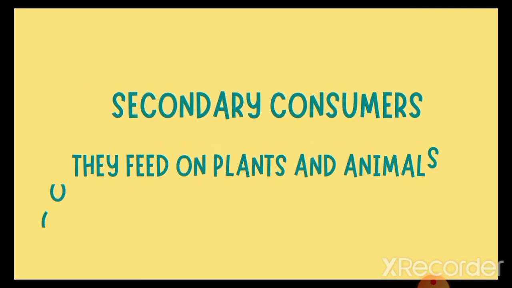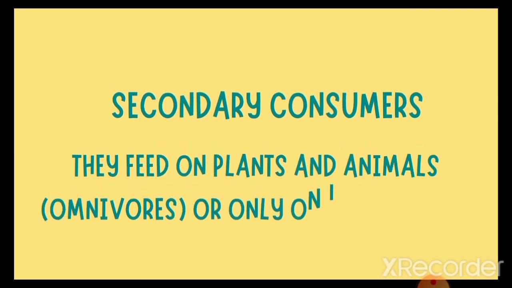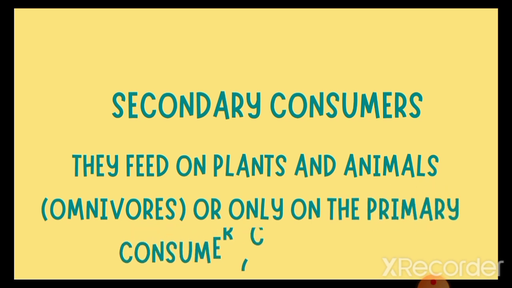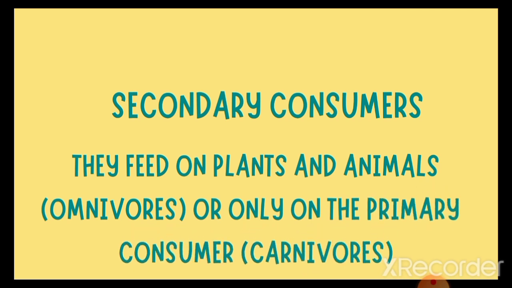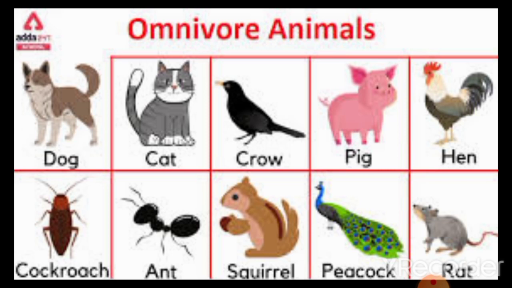Secondary consumers are animals that feed on both plants and animals, and they are known as omnivores. Examples are dog, cat, crow, pig and hen and so many others.